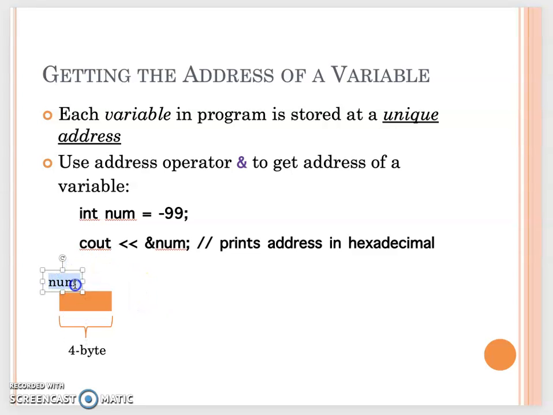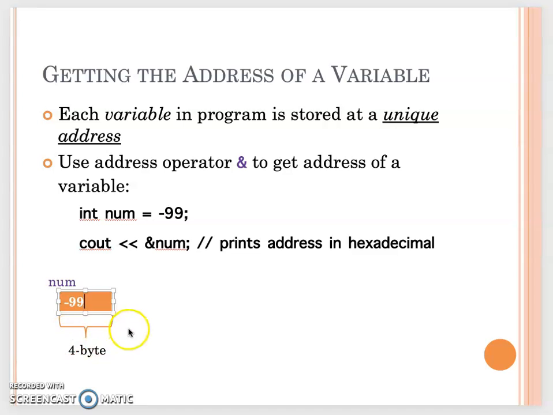So this num variable refers to the beginning of this memory. When I use the variable name, it goes to the memory location here and then reads 4 bytes. In these 4 bytes, I assign the value -99.